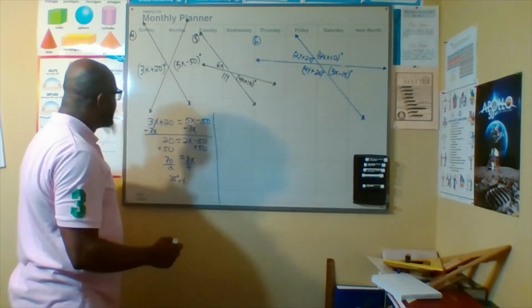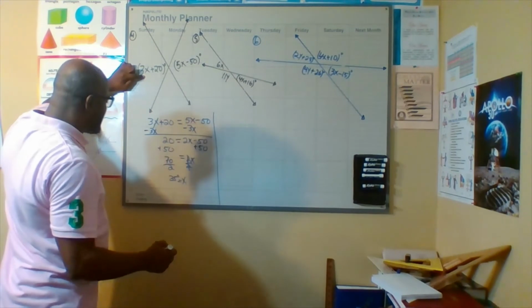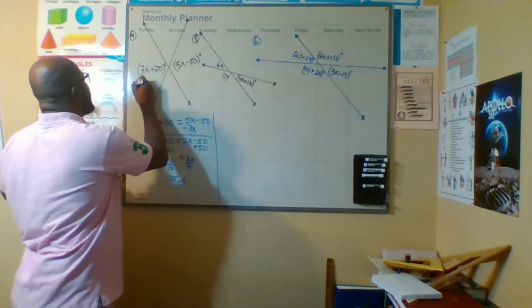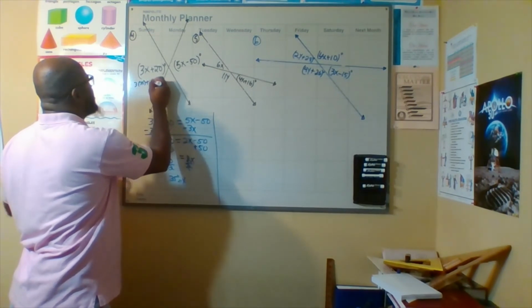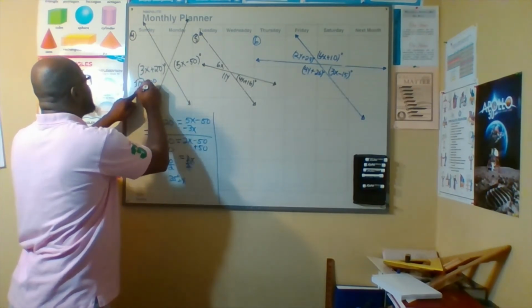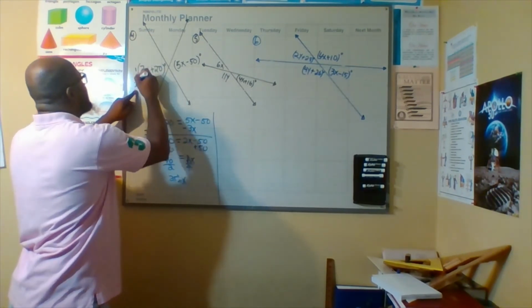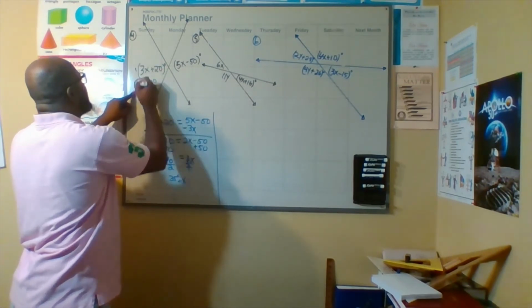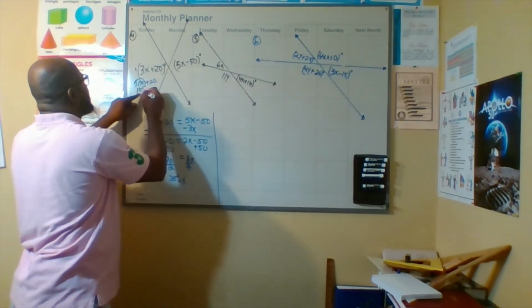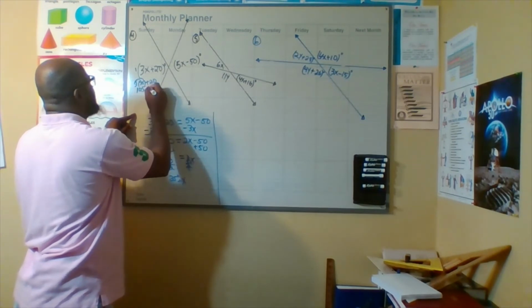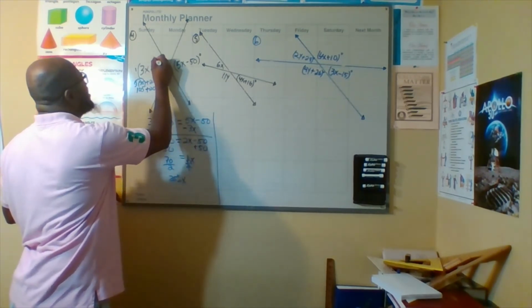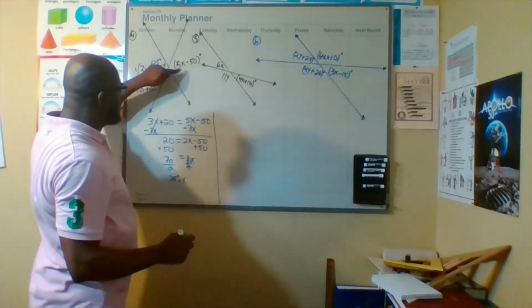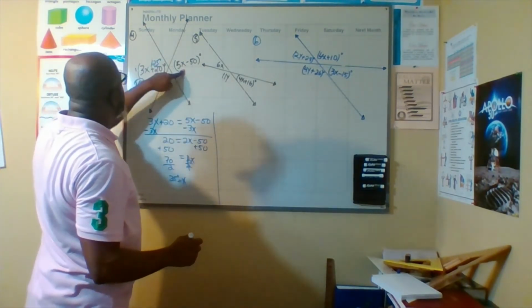So if I come here, replace x: 3 times 35 plus 20. 3 times 5 is 15, carry on, 3 times 3 is 9, 9 plus 1 is 10, so 3 times 35 is 105, plus 20. This angle itself will be 125 degrees. And you have to know this has to be 125 degrees also.